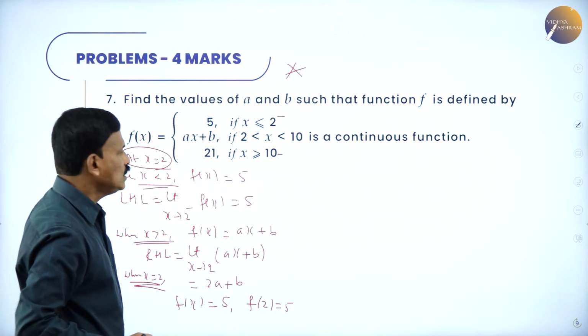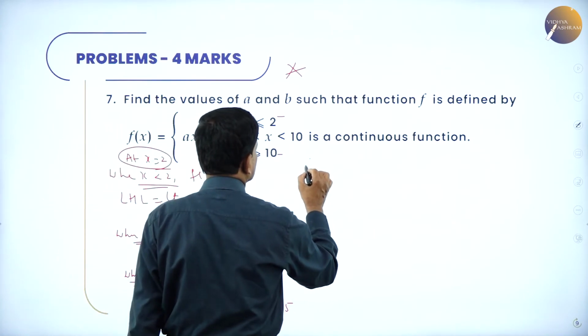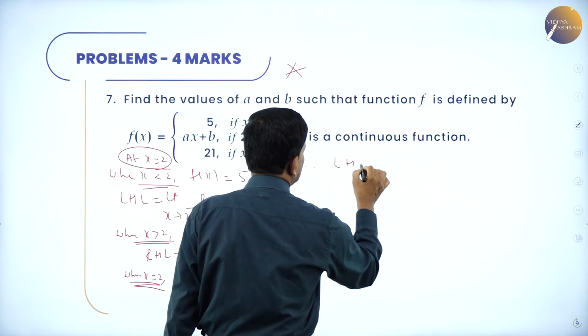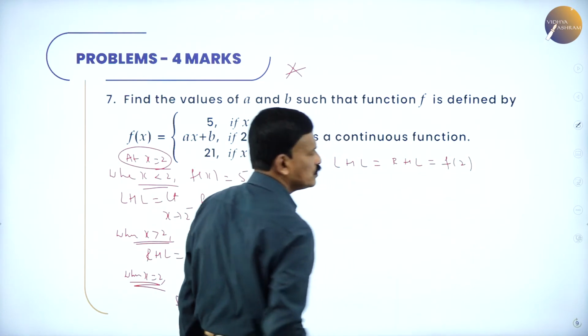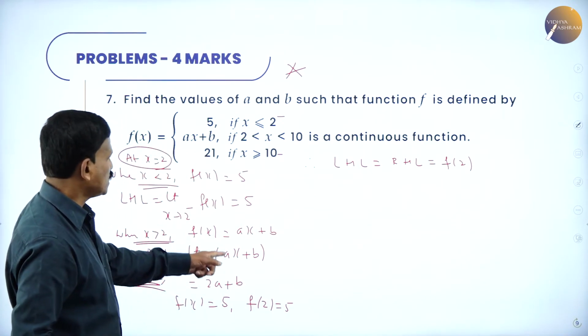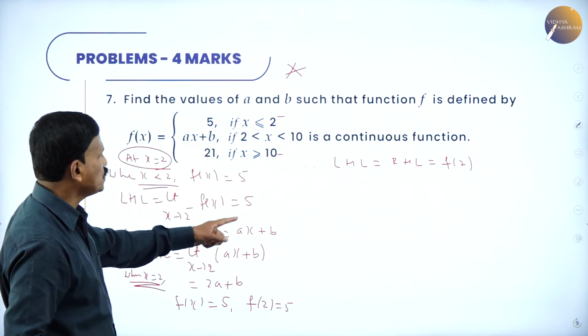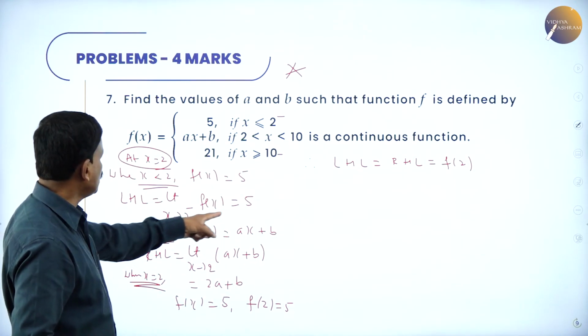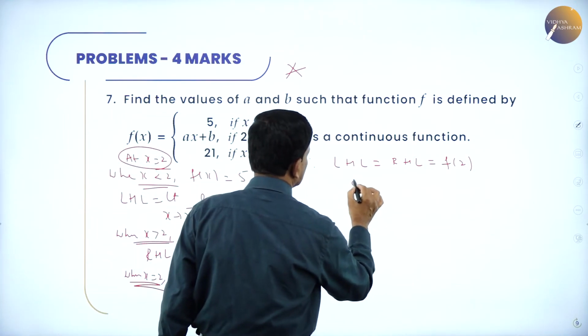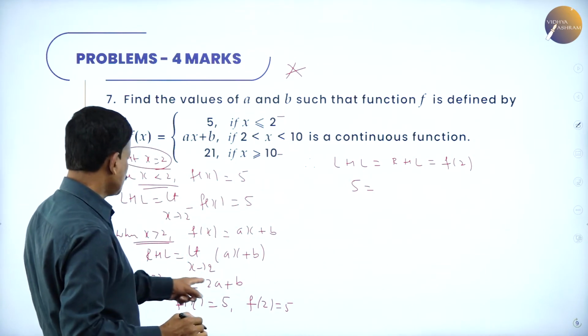Okay, now therefore, since f of x is continuous at x is equal to 2, the left hand limit is equal to the right hand limit is equal to the functional value. Let me substitute: the left hand limit is equal to 5, and the right hand limit, what is the right hand limit?